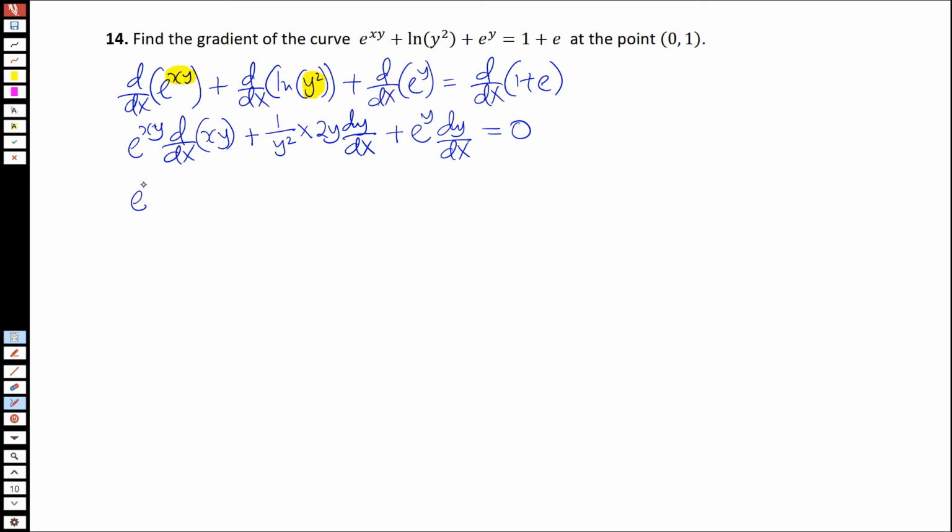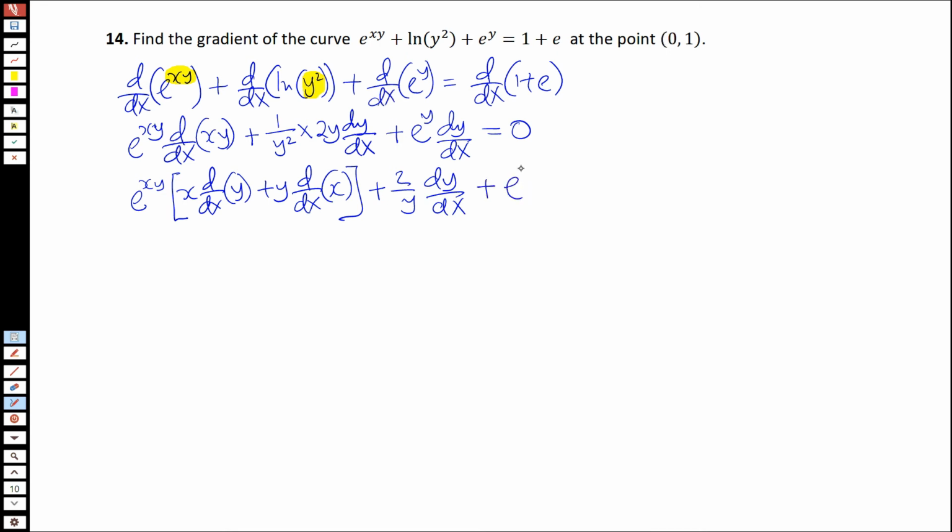So we'll have e to power xy multiplied by, in a bigger bracket, x multiplied by the derivative of y plus y multiplied by the derivative of x for this portion, plus this is same as just 2 over y dy over dx, and this will be e to power y dy over dx will be equal to 0.